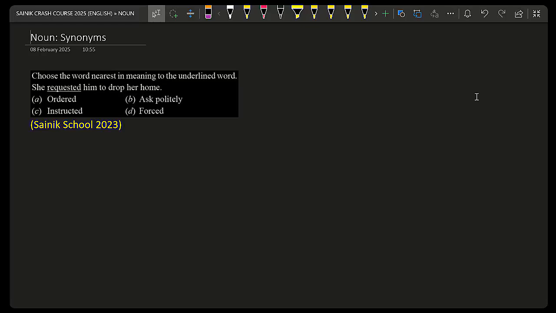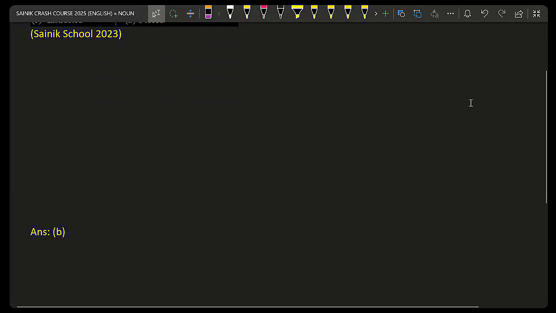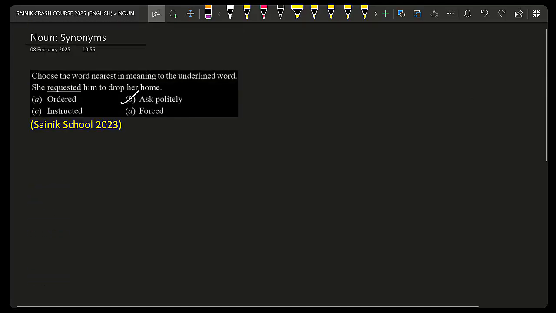And what is the word forced? Forcing to take her home. Yes, suppose you are not giving a pen and you are forcibly dragging the pen from them, right? That is not a good habit. So you have to ask politely. Very good, Aditi. You can mute yourself. So this is about noun questions, and you can copy quickly.